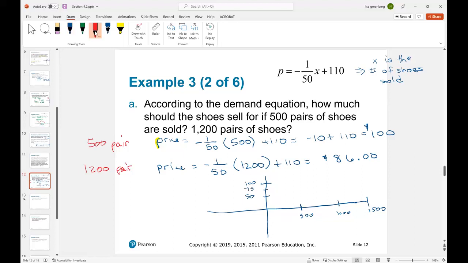Okay, I think that's enough. So at 500 pair of shoes, it cost me $100. And at 1,200, let's say that's 1,200 right there, it cost me $86. And we know this is a linear equation, and we can see that it's got a downward slope. Okay, so again, the more shoes I sell, the cheaper I can sell them for.